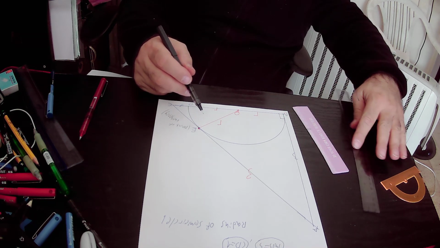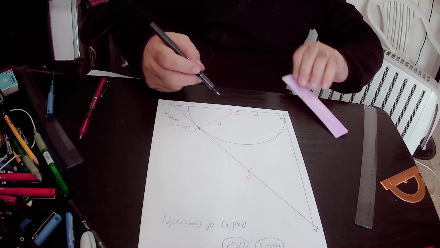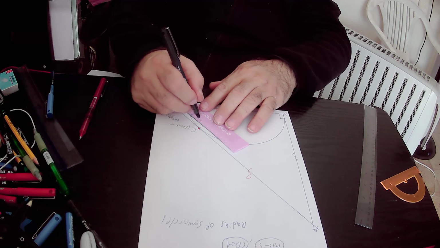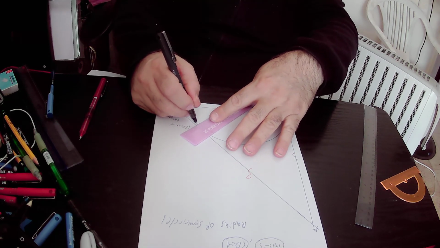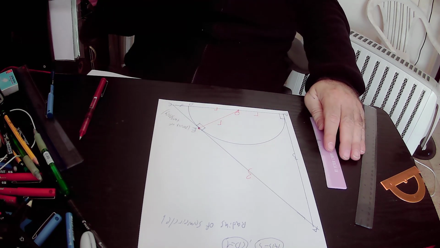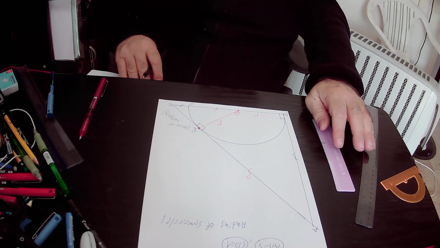Therefore, according to rule number 2, the tangent AC will be perpendicular to this radius. That is to say, this angle will be equal to 90 degrees, and this angle also will be equal to 90 degrees. Okay, so actually, triangle OEC is a right triangle.